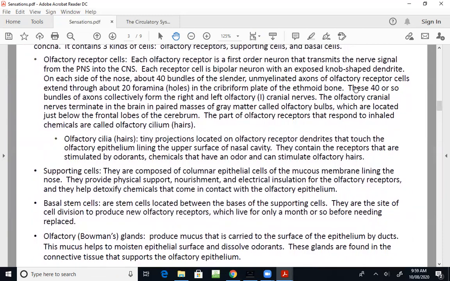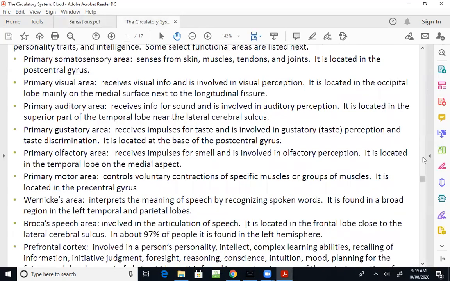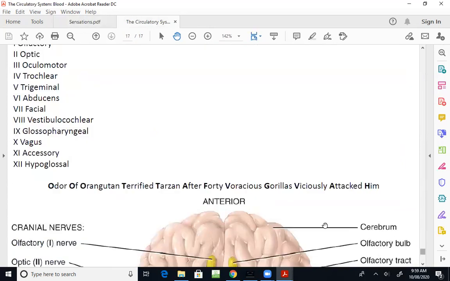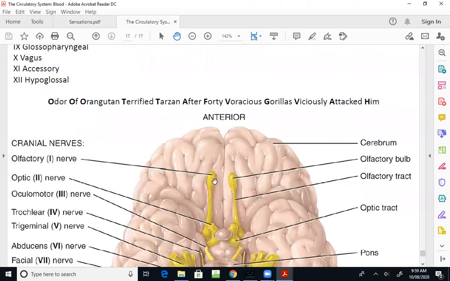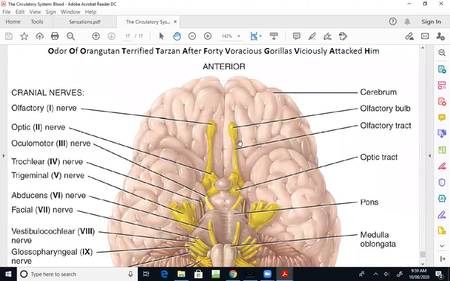Reading through, these 40 or so bundles of axons collectively form the right and left olfactory cranial nerves. Remember, those are the first cranial nerves, which are discussed at the end of this brain lecture that we talked about last time. This is the picture we referred to quite a bit the other day.